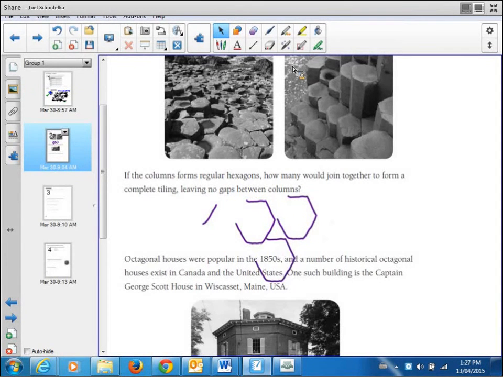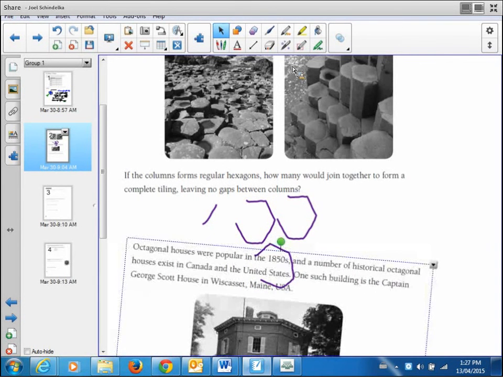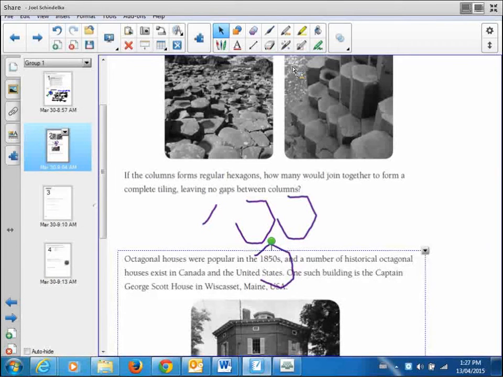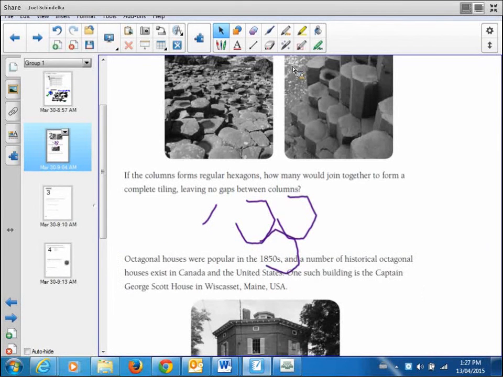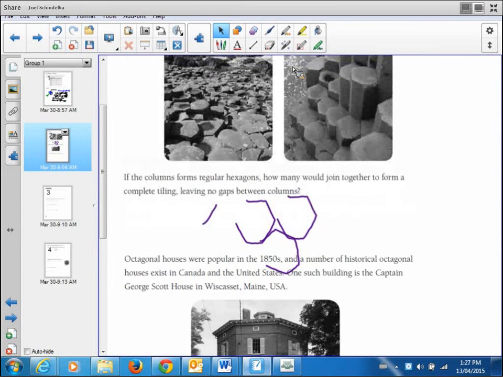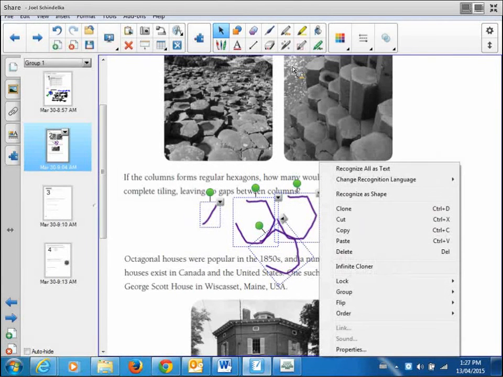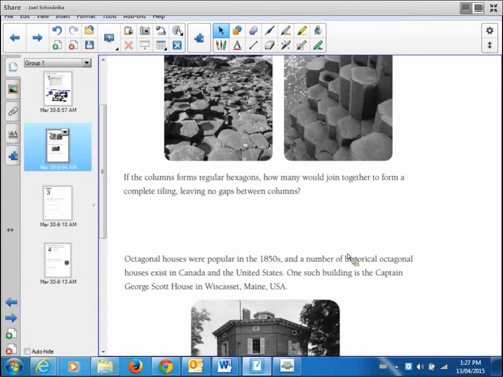How many do you need? Fit in there. Now do you see? The way I drew it doesn't quite look like it, but it should be 3. It's enough that this is what we're trying to show. How many do you fit together? So how would you go about figuring that out?